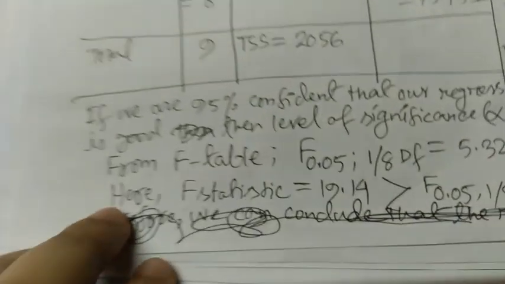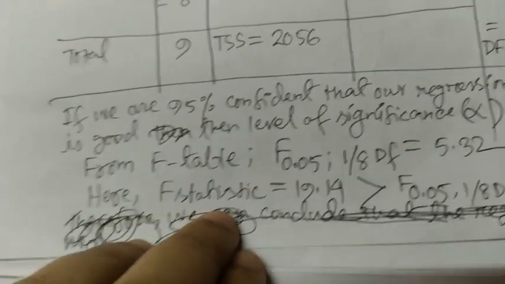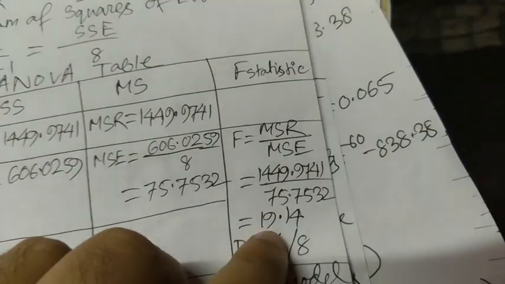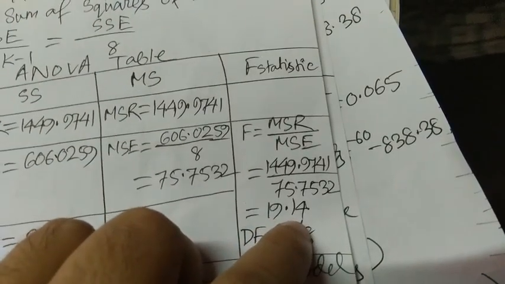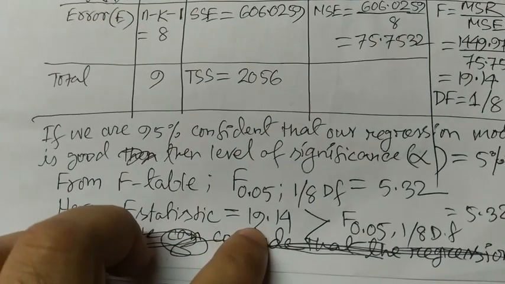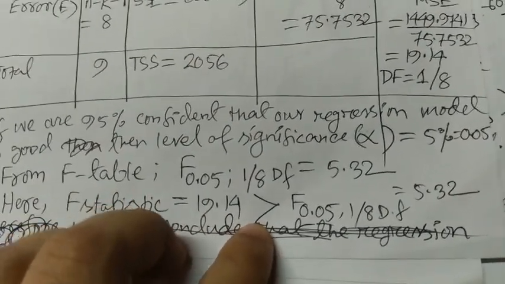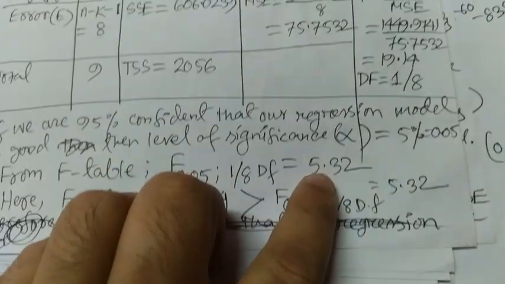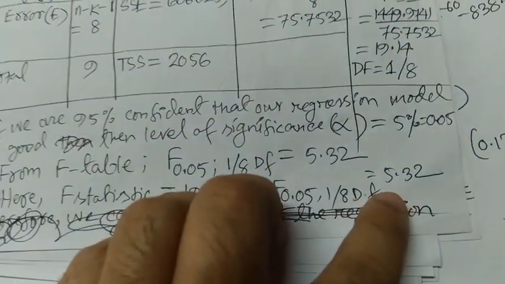Now the F statistic value we got is 19.14, which is greater than the table value. The table value is 5.32.